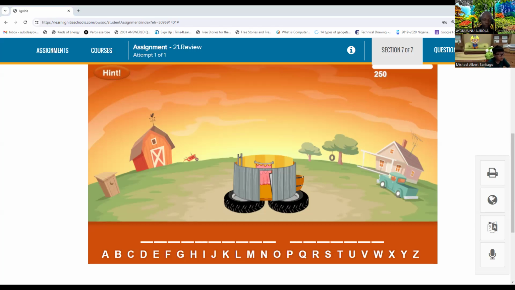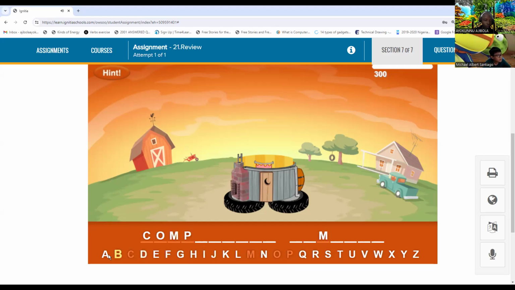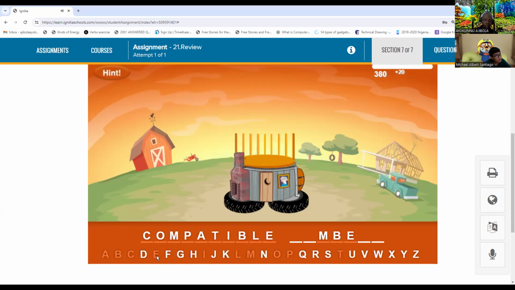C-O-M-P-A-T-I-B-L-E, okay? So compatible numbers.